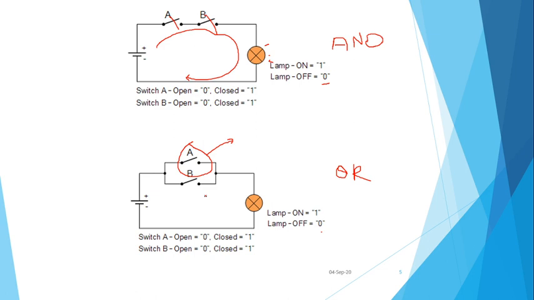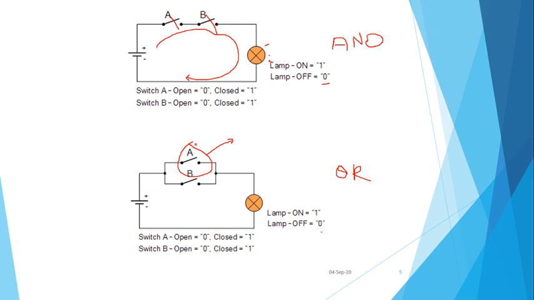We can also use a combination of transistors and resistors, or transistors and diodes. They are called RTL, resistor-transistor logic, and DTL, diode-transistor logic. So what you are using here gives that logic family.